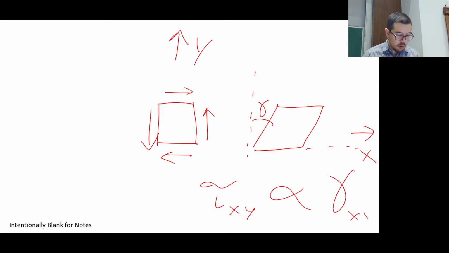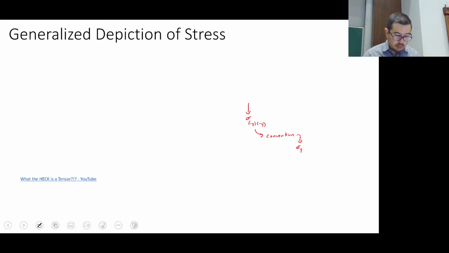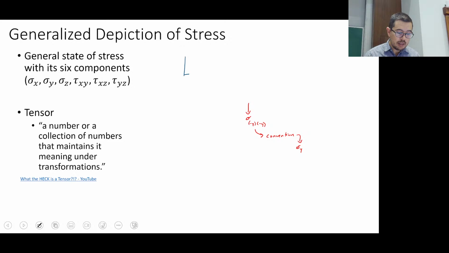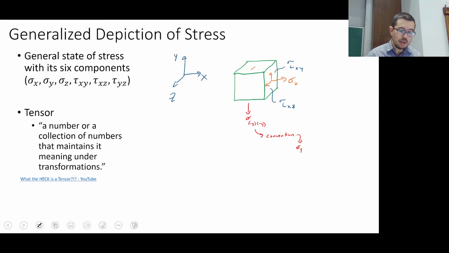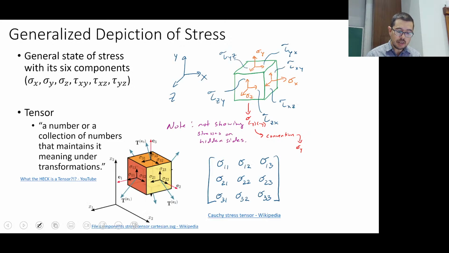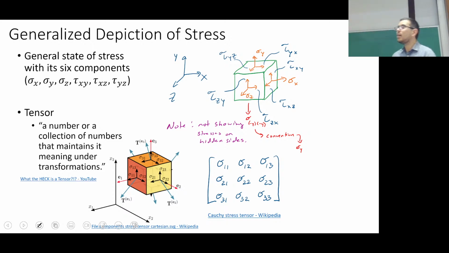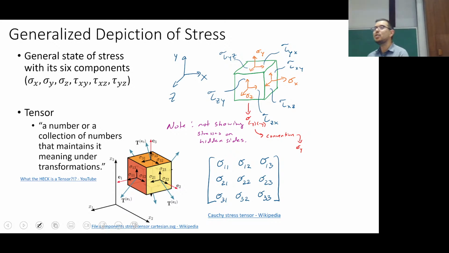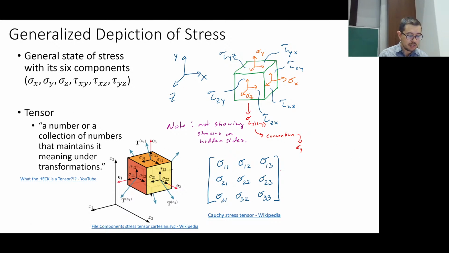So, wrapping things up, there's something called a stress tensor, which is just a matrix. Well, it's more than a matrix. There are some videos on what the heck a stress tensor is. But what we do is fill up a matrix with all these components of stress.